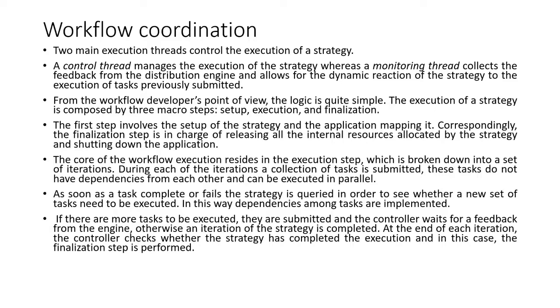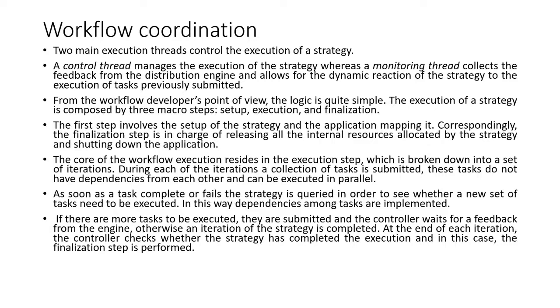The core of workflow execution resides in the execution step, which is broken down into a set of iterations. During each of the iterations, a collection of tasks is submitted. These tasks do not have dependencies from each other and can be executed in parallel. As soon as a task completes or fails, the strategy is queried in order to see whether a new set of tasks needs to be executed. In this way, dependencies among tasks are implemented.